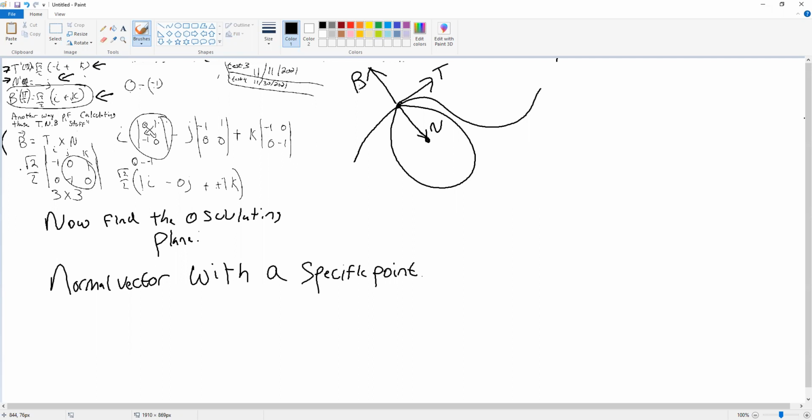Why do we need the osculating plane? Some of the Pearson homework asks you to write it.